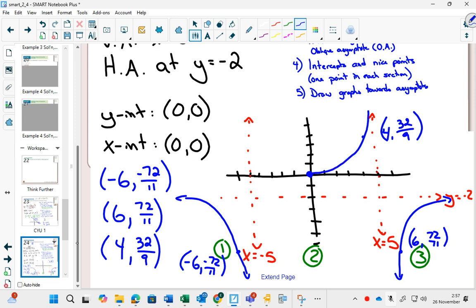This section has to go up. It can't hit that point and then go back down because then we would introduce another x-intercept. And because of symmetry, are you okay that negative 4 will do the same thing?